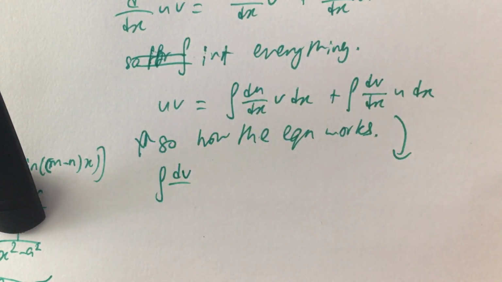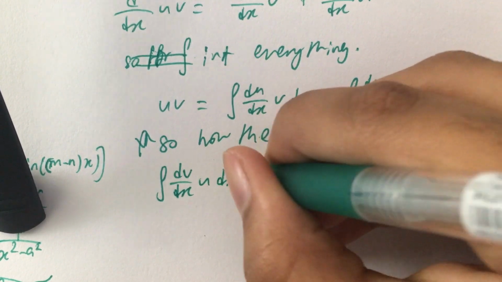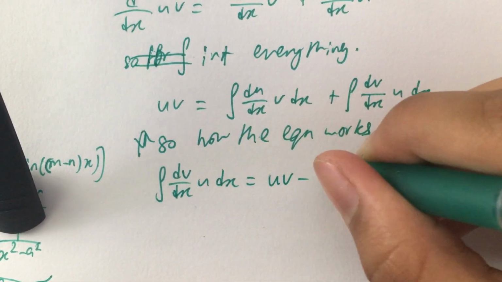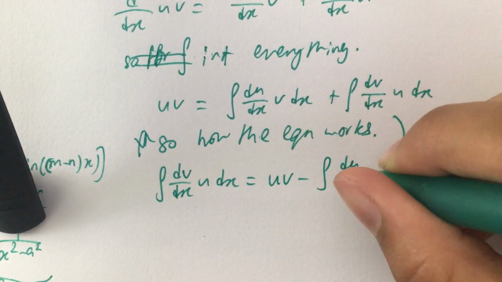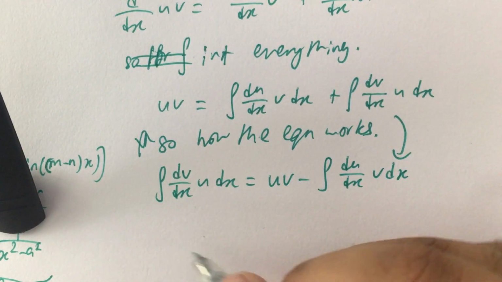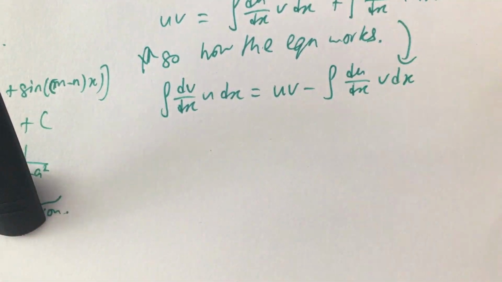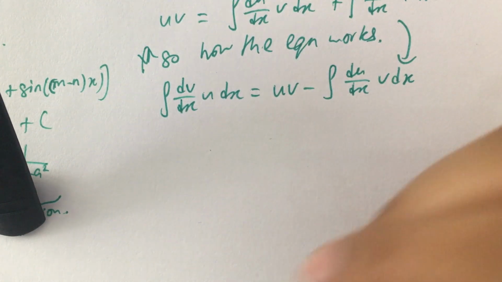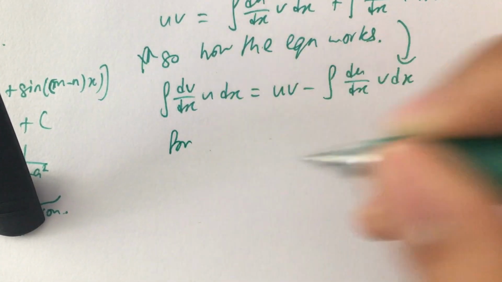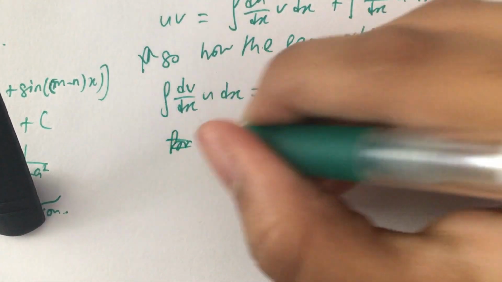So when you're integrating the entire term, and you want to find only one of them, for example u or v or something, you basically just need to manipulate it a bit and you get your integration by parts equation in the sense.